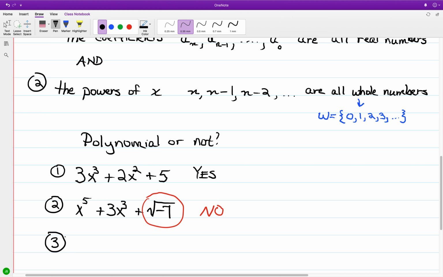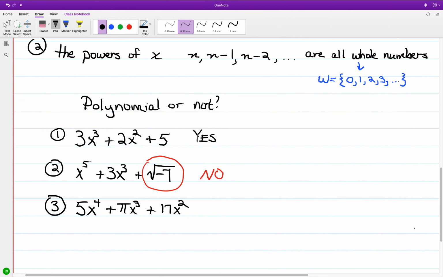Now let's say we have, for a third case, 5x to the 4th plus pi x cubed plus 17x squared. And in this one, for the coefficients, 5 is a real number.